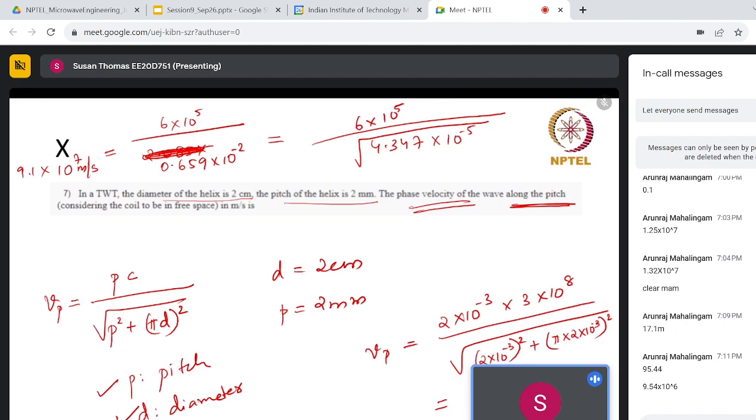I'm getting an answer 9.1 into 10 power 7 meter per second. Just please verify once again.